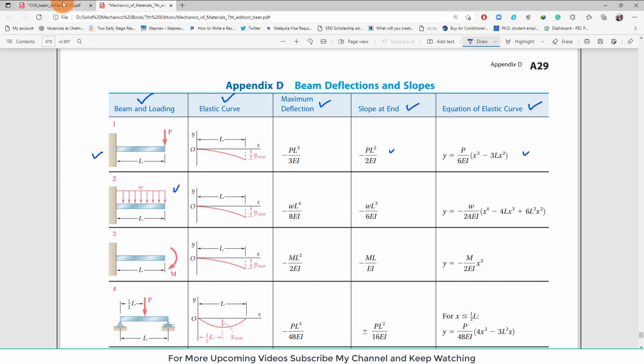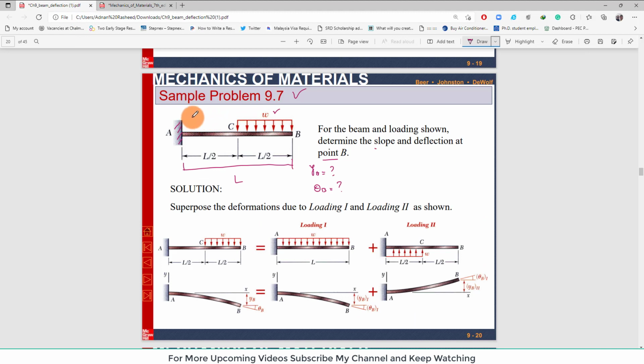Clear? So what we will do is that I will add a uniformly distributed load over here so that it may become the same as available in the table. So I have added this uniformly distributed load between A and C. In order to remove the effect, I will also add some load below so they may cancel each other.